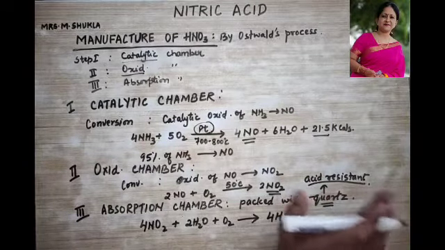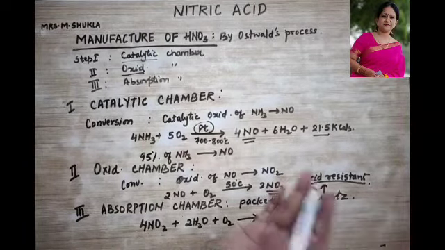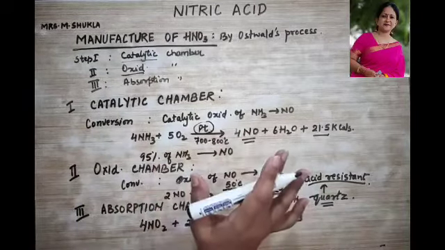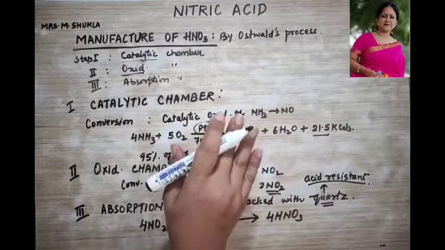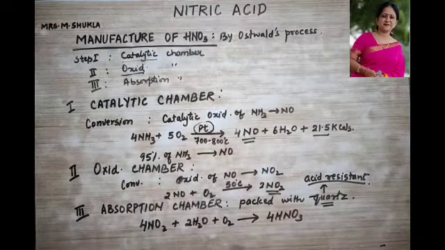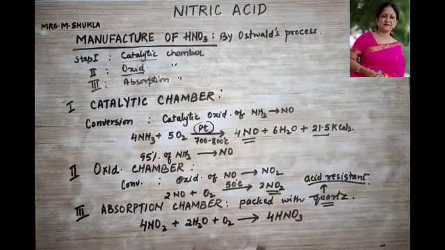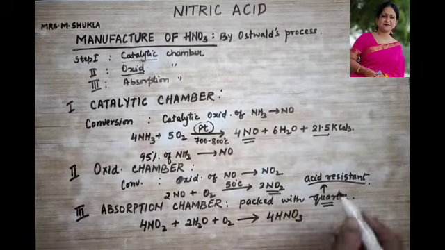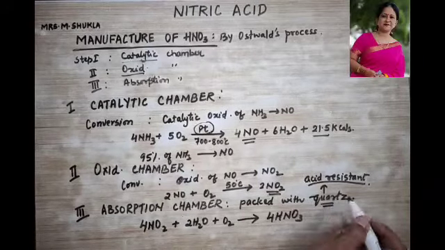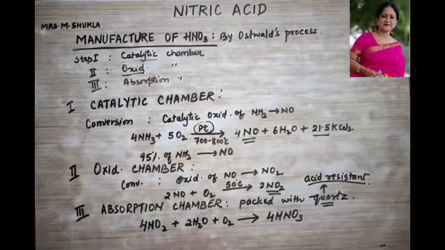Why is it packed in layers? Because it slows down the movement of gases like nitrogen dioxide entering from below, and it also initiates better solvation of nitrogen dioxide in water. Clear? That is why layers of quartz are used in the absorption chamber.